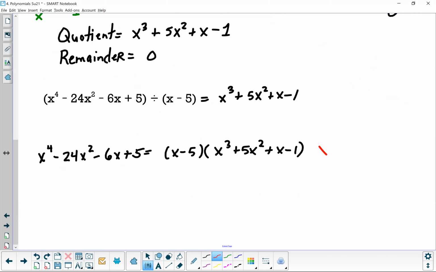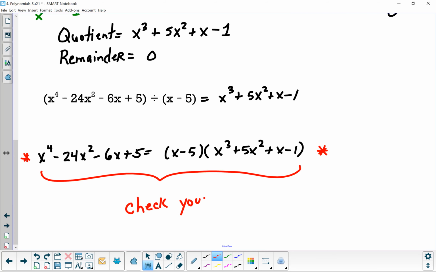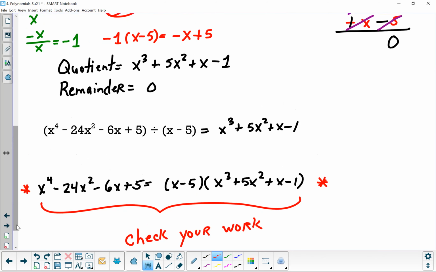Okay, so here you have where you can check your work. Okay, and then above where you have the two different ways where you may be required to represent your answer.